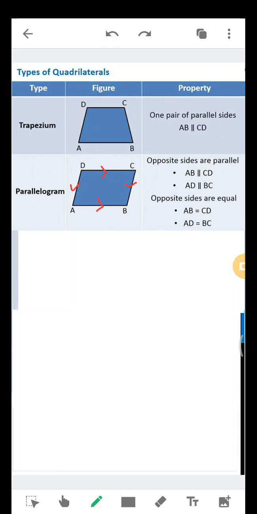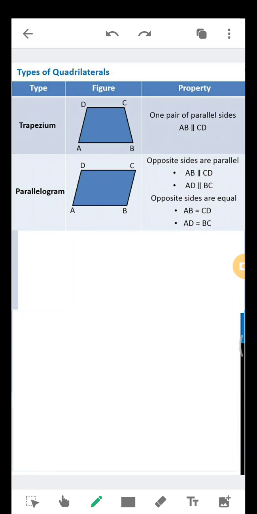So a quadrilateral which has these properties is named a parallelogram. A quadrilateral in which opposite sides are equal and parallel is called a parallelogram. Whichever quadrilateral has these properties, opposite sides parallel and equal, will be a parallelogram.